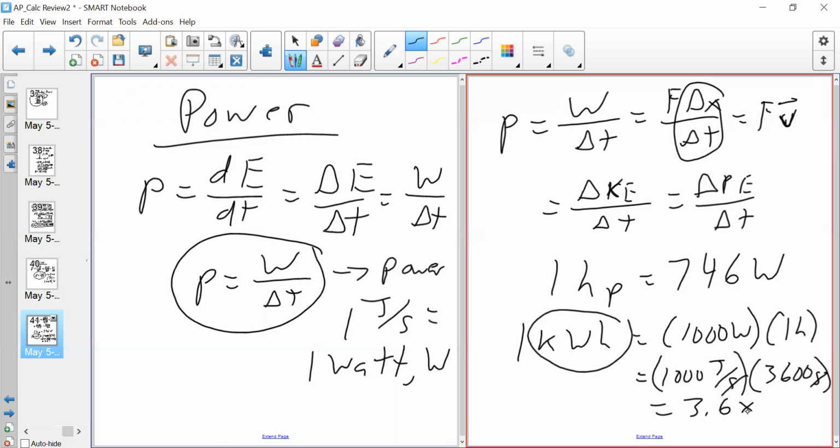So it's 3.6 times 10 to the 6 joules for 1 kilowatt hour. And then based on where you live, there's a certain rate, a certain amount, 0.08 cents per kilowatt hour. And they look at your kilowatt hours, multiply that, and they give you a bill.